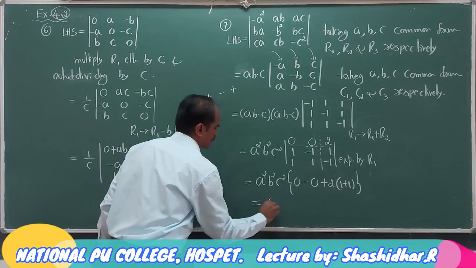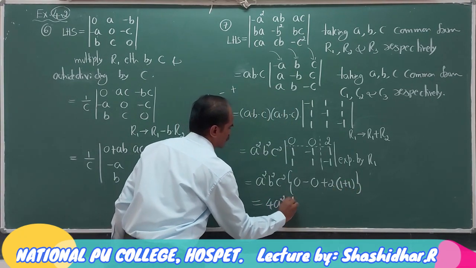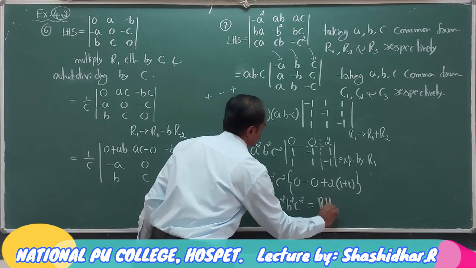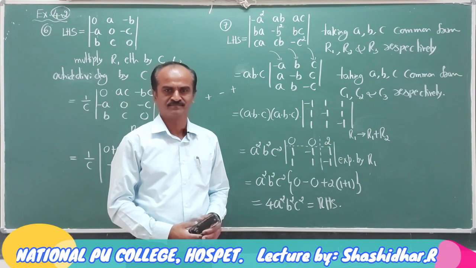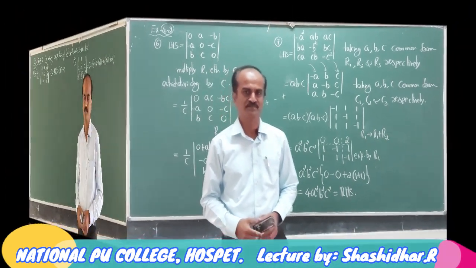So in this way you are able to get 4a square b square c square. That completes the example. We'll take the other questions now.